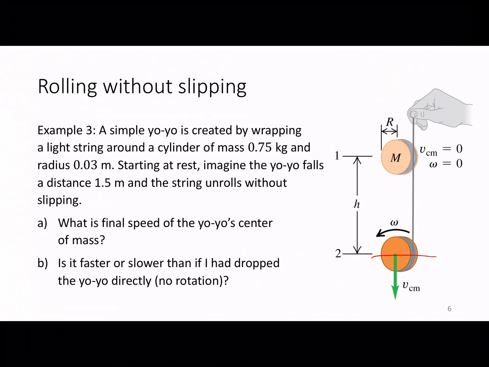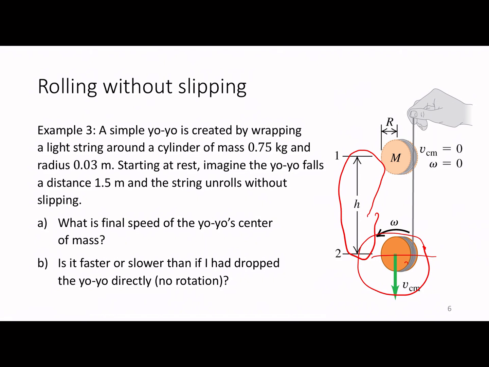Intuitively, why is that the case using conservation of energy? So if you think a little bit about what conservation of energy means, it means that I'm translating all of this gravitational potential energy into the final kinetic energy. So if I talk about the yo-yo that's dropped versus the yo-yo that actually rotates, the kinetic energy is the same.